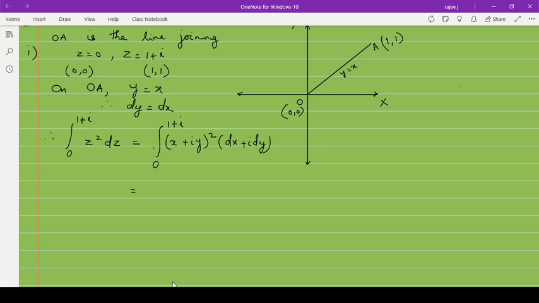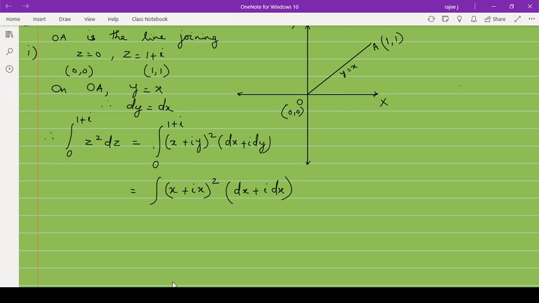Now what I am going to do here is change this. So (x plus iy) the whole square, here y equals x, on this line OA y equals x. So we are replacing all y with x, or you can replace x with y also. So (x plus ix) the whole square, then dx plus i dx.